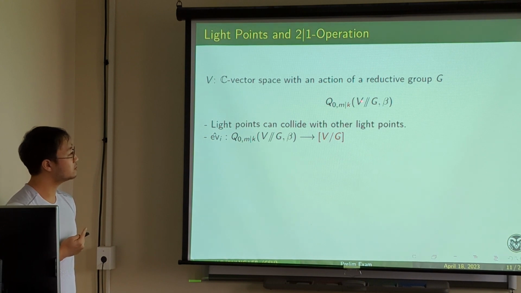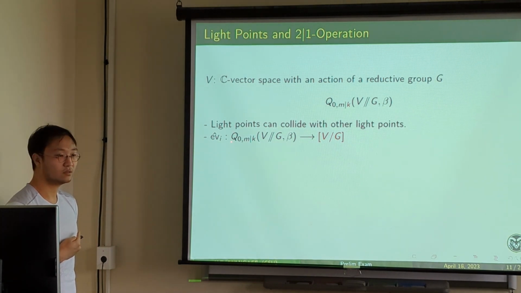So in this case, we can also think about the evaluation map at these light markings, and that's slightly different from evaluation at heavy markings. The thing is, light markings are very similar to base points. In fact, a light marking can be viewed as a base point of a map in a certain expression. So by taking a product with some other space, we can view light markings as base points.